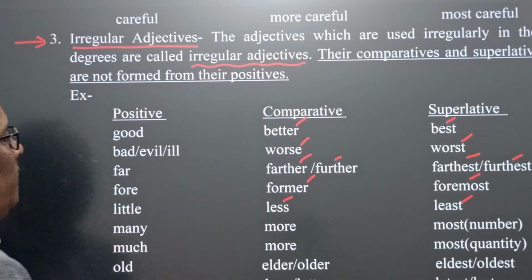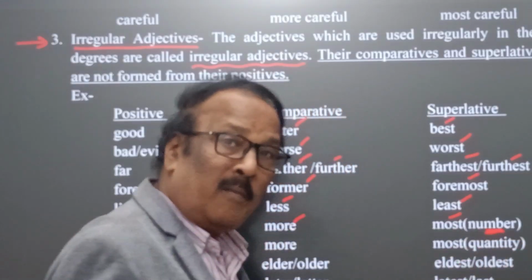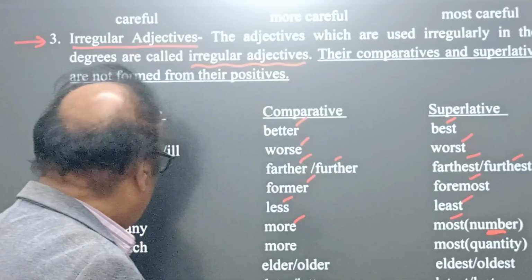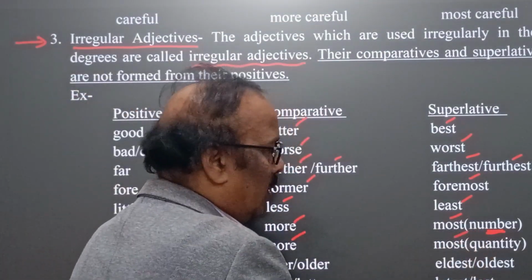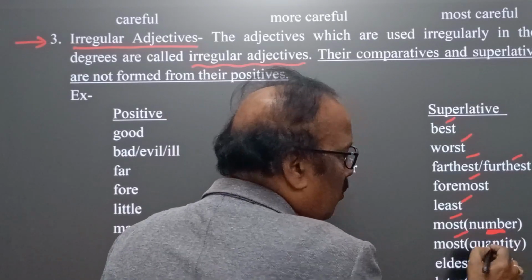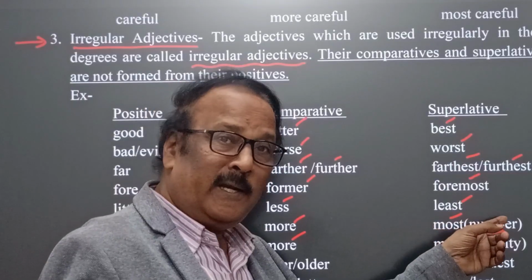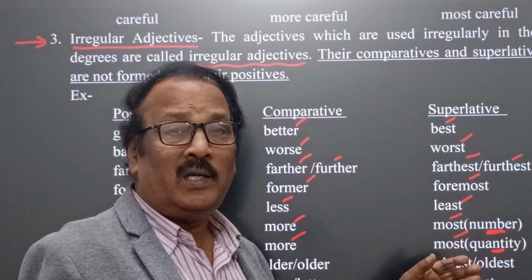Okay, many, more, most. Okay, indicating number of a countable noun. Okay, but when much, more, and most, it indicates a quantity of an uncountable noun. Countable noun indicating number and uncountable noun indicating quantity.